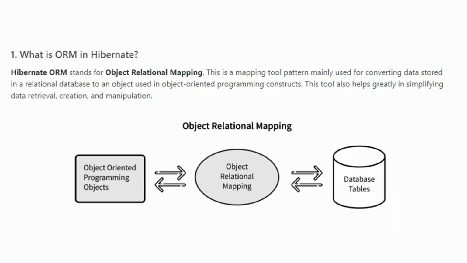This tool also helps to simplify storing and retrieving the data from the database, creating the tables and manipulating the data. In the diagram below, you can see it will map the object-oriented objects to the database tables.